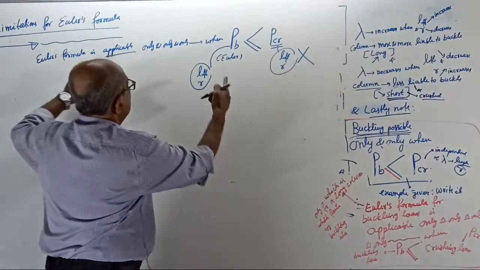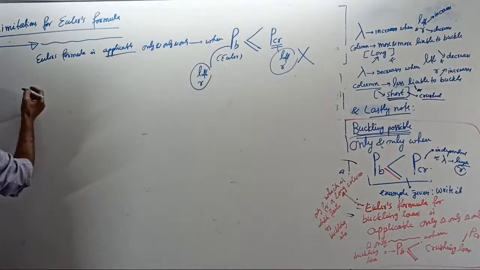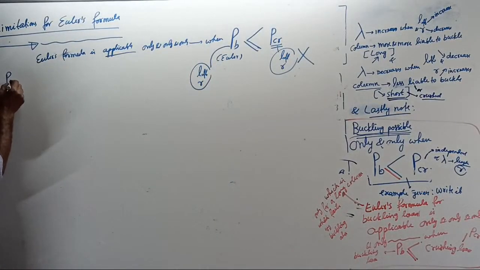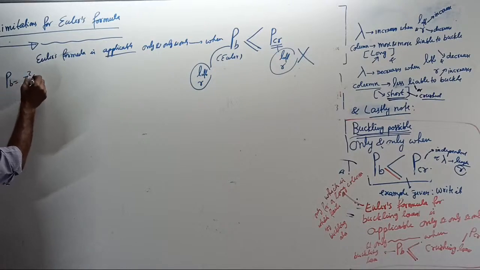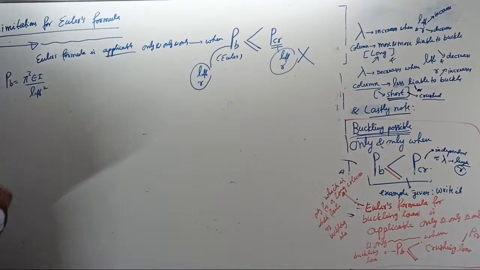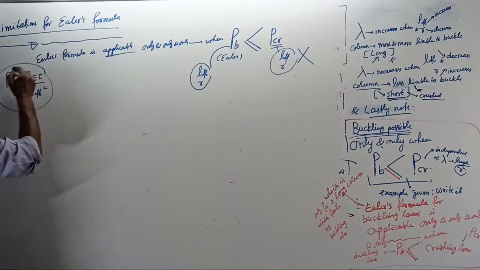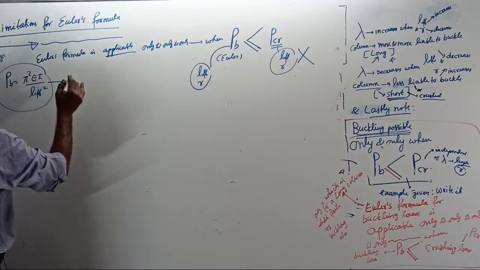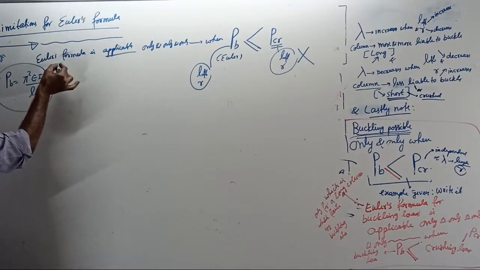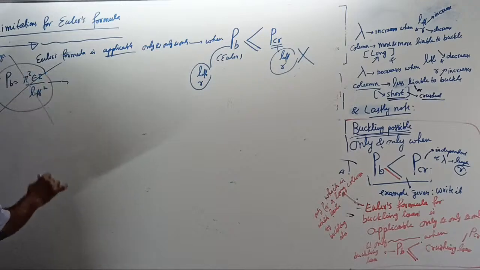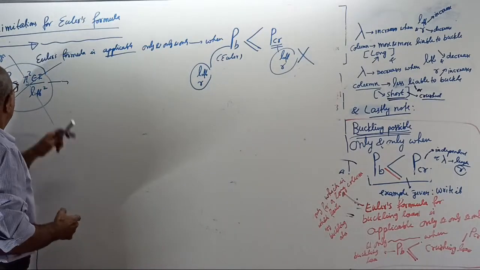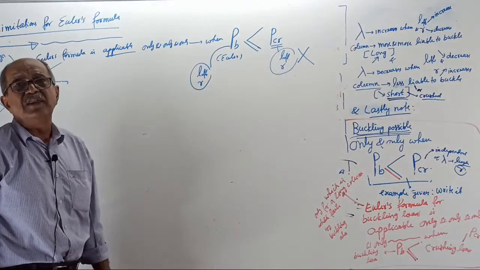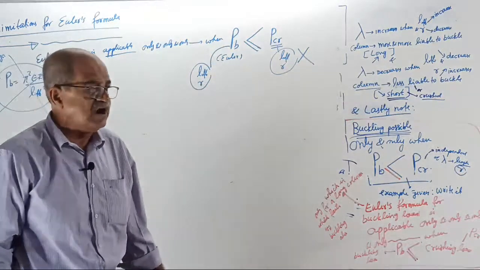Now we know that buckling load PB is pi square EI by L effective square. This is the original derived formula. But this formula is not considered here because radius of gyration and slenderness ratio are not there.